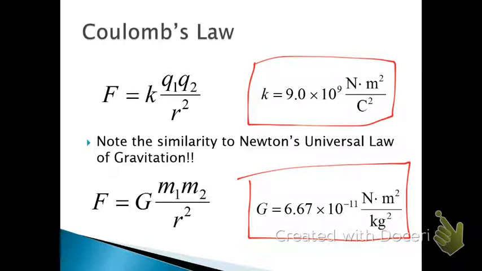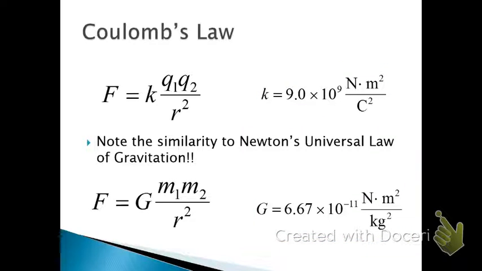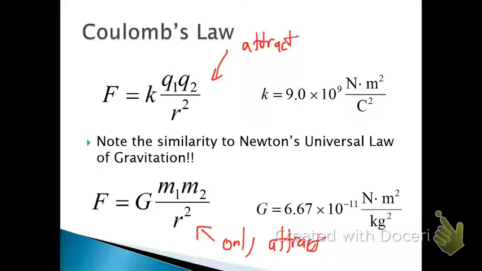We're going to do some examples later that really highlight that. And two, gravity can only attract, while with electrostatics, I can get an attraction or a repulsion. And that's a very, very key difference. There's no such thing as really a negative mass, while there is such a thing as a negative charge.